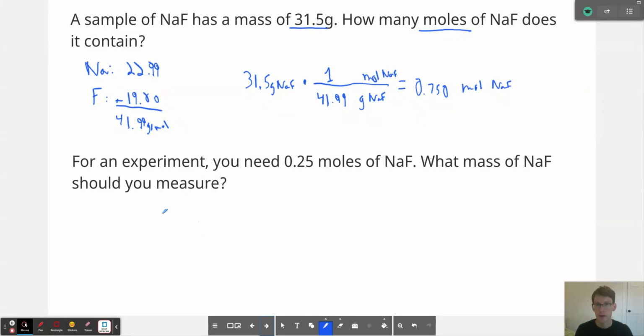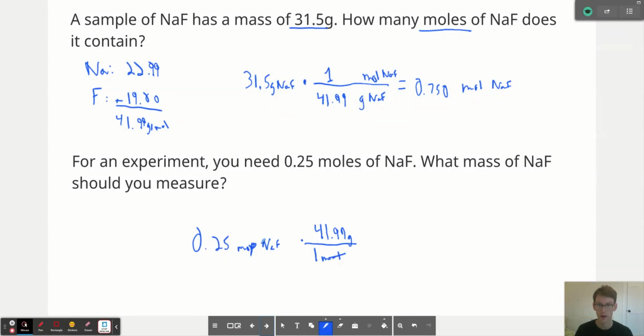You could also do this type of calculation in reverse. If we need 0.25 moles of sodium fluoride, that's our measurement to start with. So I'm going to say 0.25 moles of NaF, and I'm going to multiply this by 41.99 grams over 1 mole.